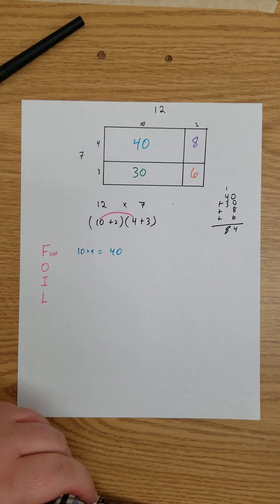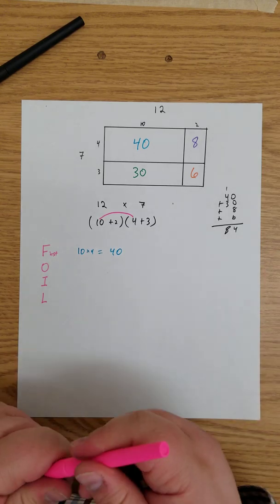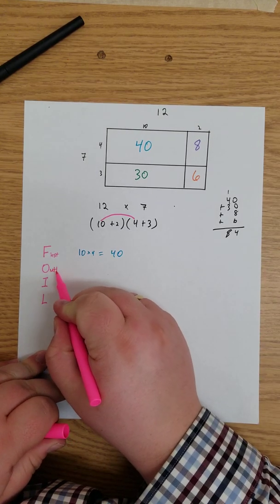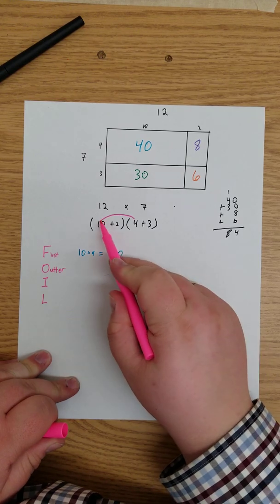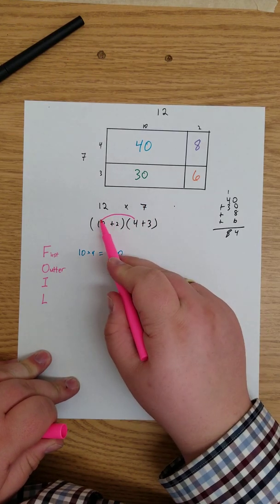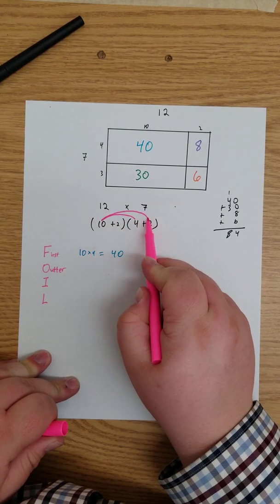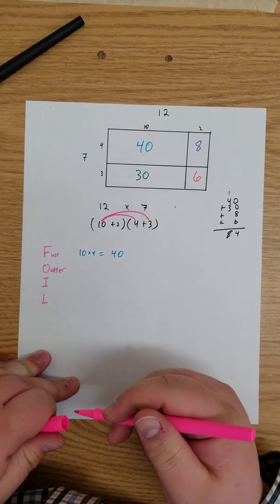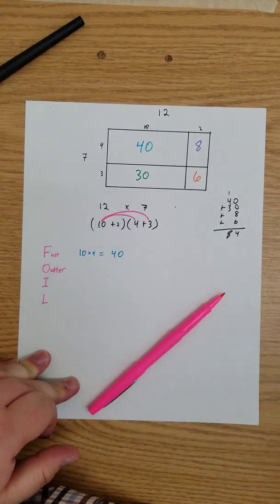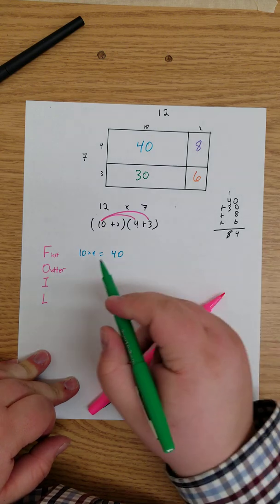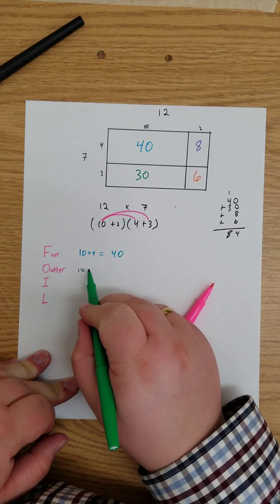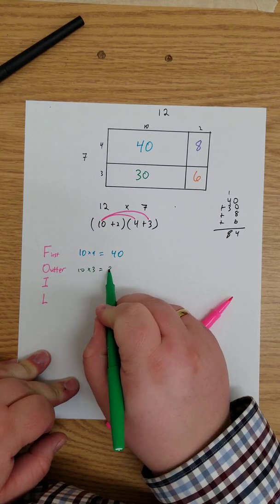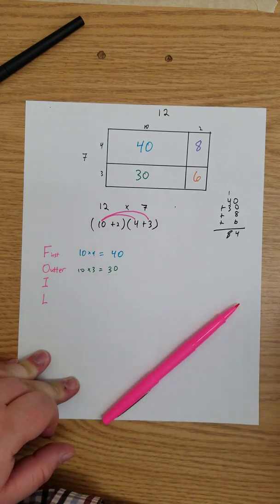Next, we are going to do the outer. That's the outside numbers. So this is the outside, and that's the outside. So we do 10 times 3, which is 30.